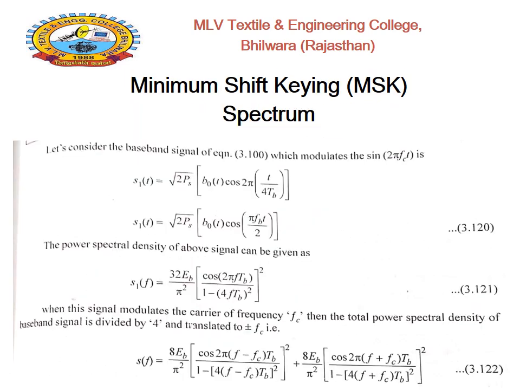The next PPT represents the expression-wise representation of the MSK spectrum. The spectrum is basically defined in the frequency domain. So let us consider the first expression in the time domain, that is S1 of t equals under root of 2 P_S b_o of t cos 2 pi t upon 4 T_B, and the power spectral density of the above signal is defined as S1 of f in the frequency domain.